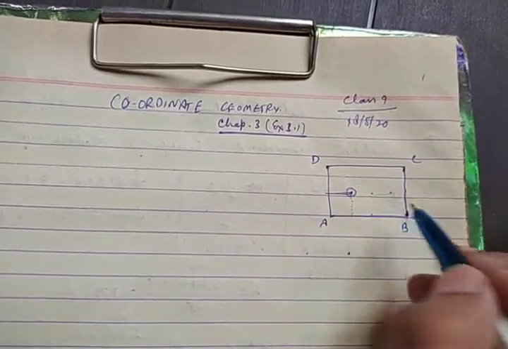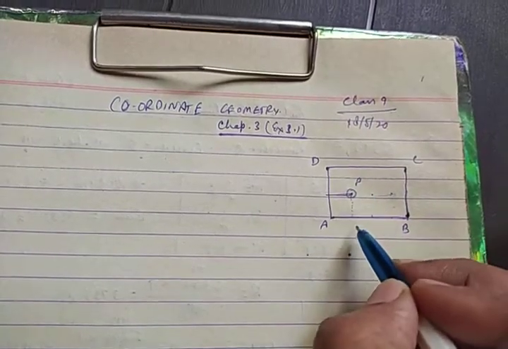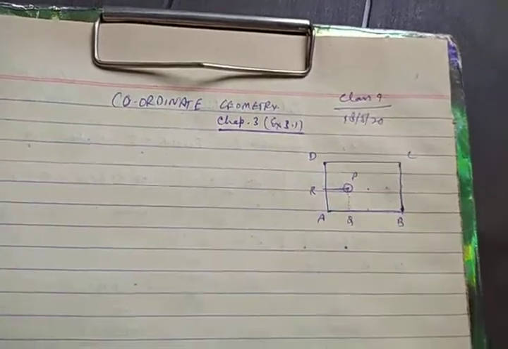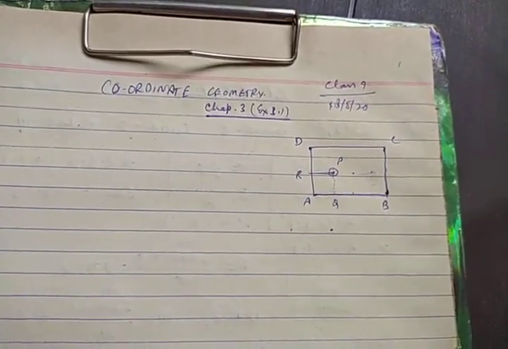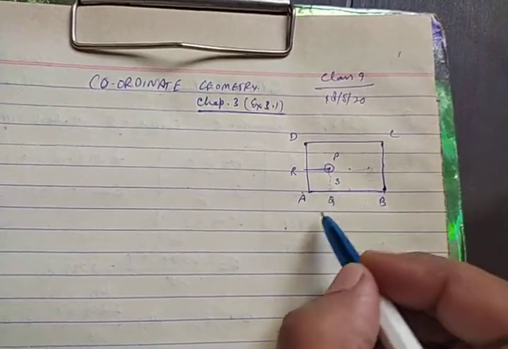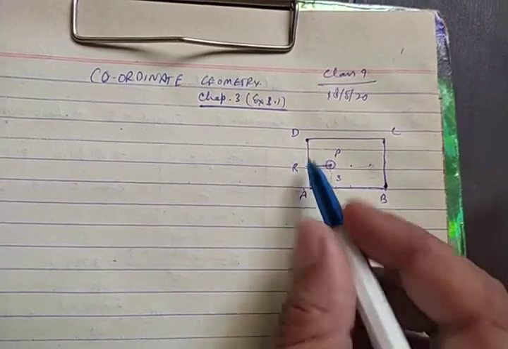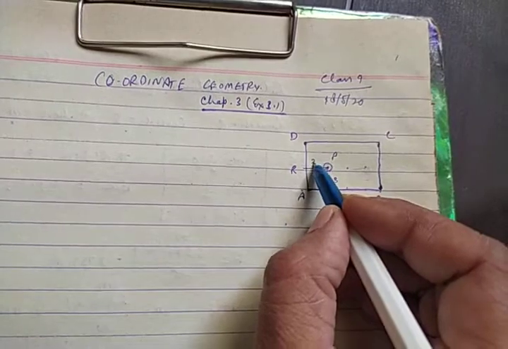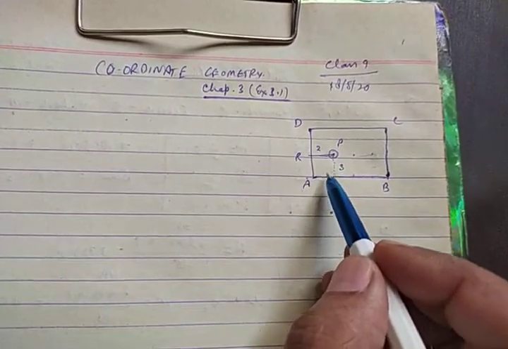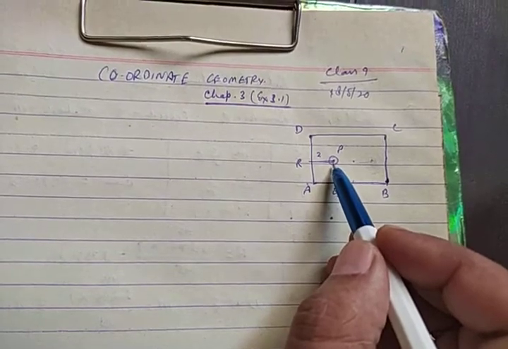Suppose this is your table P, and these measurements are PQ and PR. If I tell you the distance of the table from wall AB is 3 feet, and the distance of the table from wall AD is 2 feet, by taking two measurements you will get the exact position.